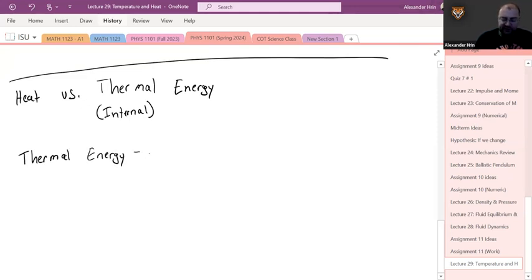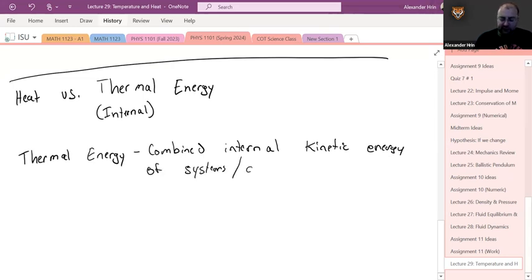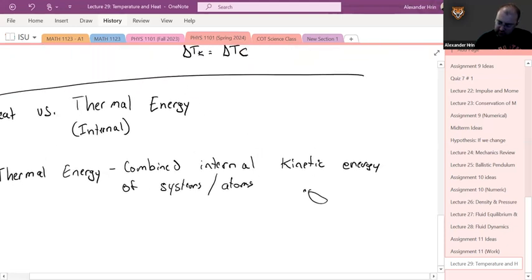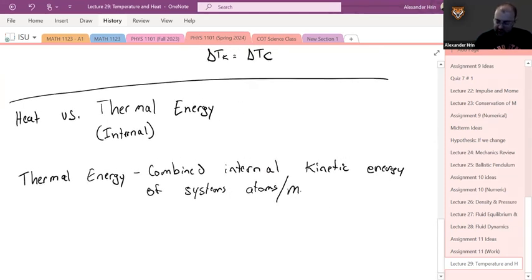Basically, this is just the combined internal kinetic energy of the system's atoms or molecules.